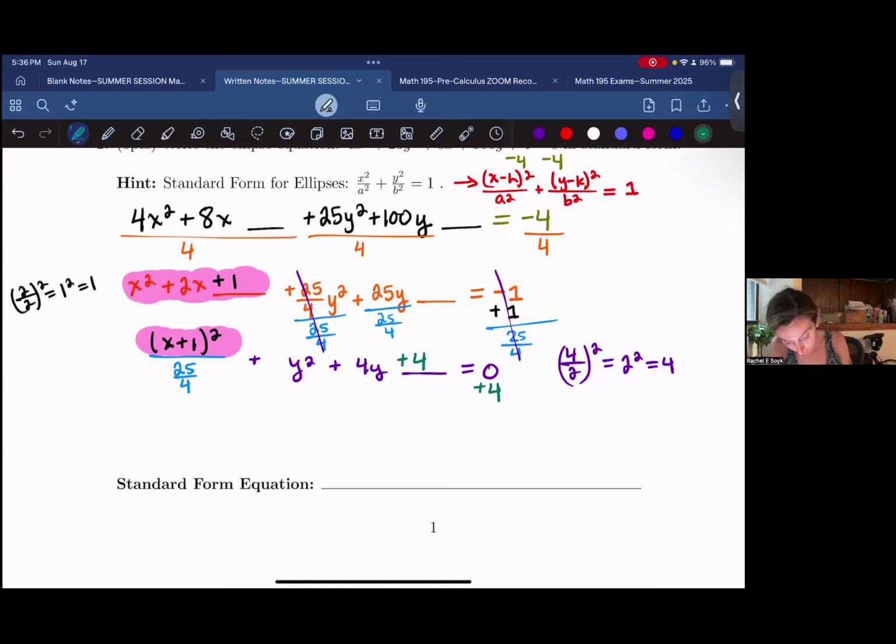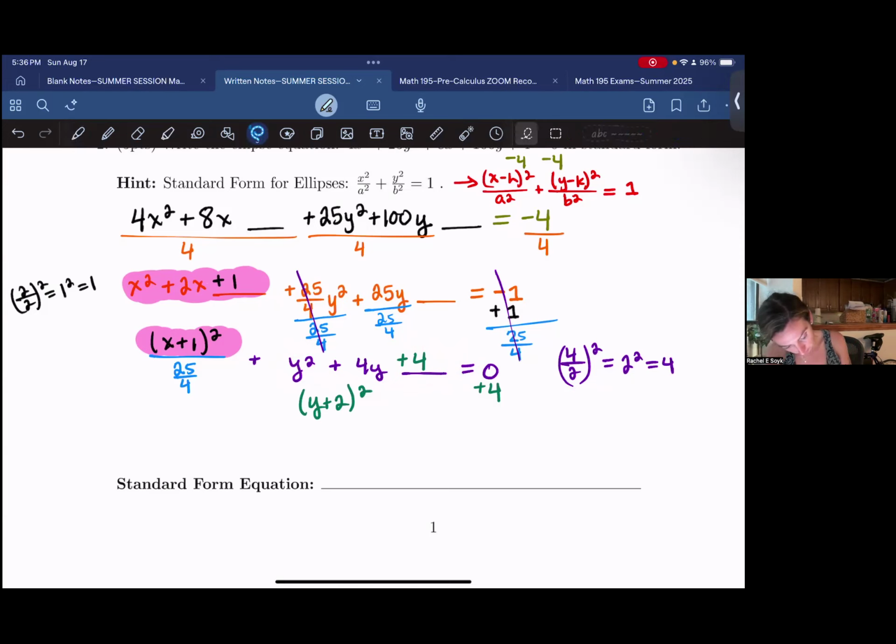And so now we are ready to factor y squared plus 4y plus 4. That just factors into y plus 2 in parentheses squared.